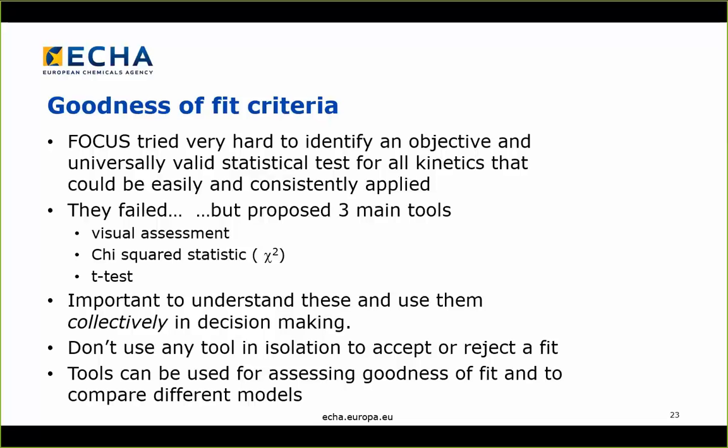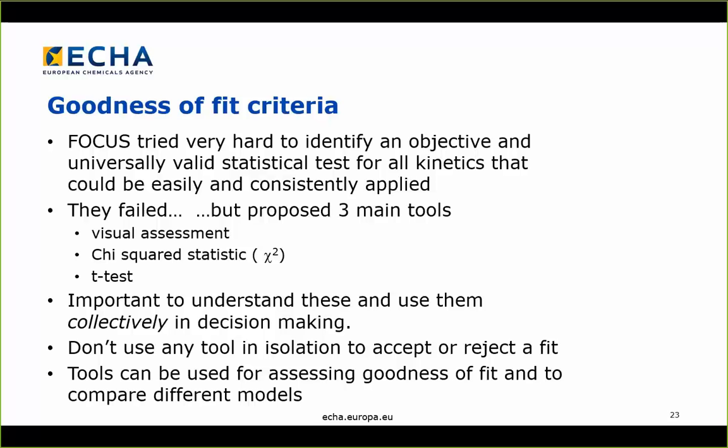And it's important to understand those three tools individually and also to understand how to use them collectively in your decision making. So don't use any single tool in isolation to accept or reject a fit. You have to use all the information that you get from those three tools in your decision making. Those tools can be used for assessing an individual goodness of fit.